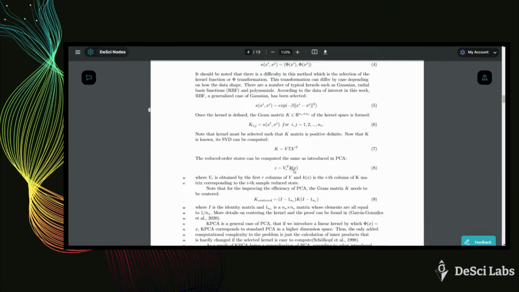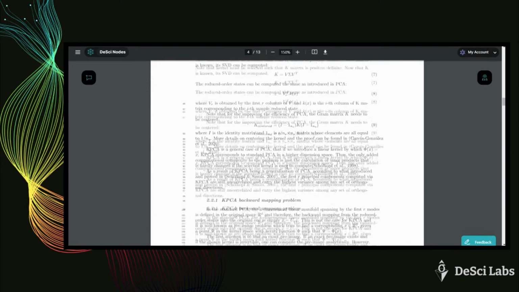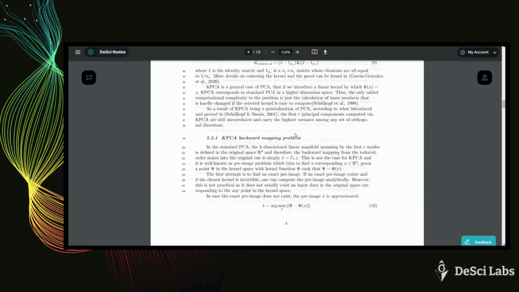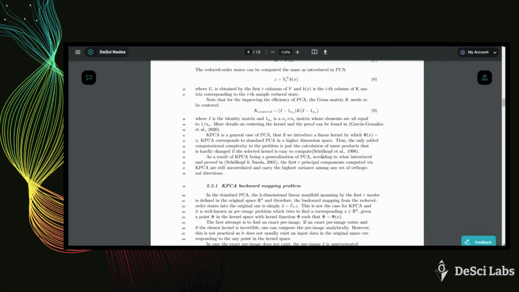So if we left multiply by VR, we don't get the original space. We just get something random which is not known. That's why we have a huge literature on the backward mapping problem in KPCA. So the problem is that you cannot easily go back to the same space that you had before because of this nonlinear mapping that you had in the KPCA.